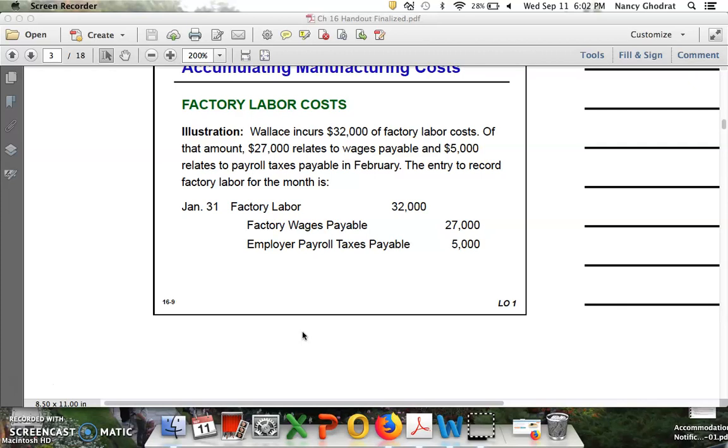So in this case, we're going to debit a new account called factory labor, which is an expense. And then since we haven't paid the wages yet, we're going to credit factory wages payable and employer payroll taxes payable, two liabilities. Now, if this was the day that we had to pay factory labor, then instead of factory wages payable, we would have credited cash.